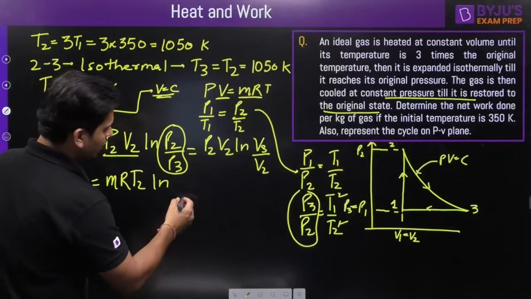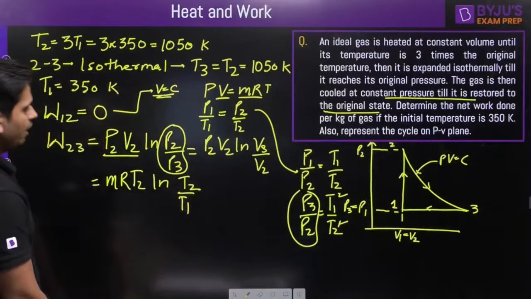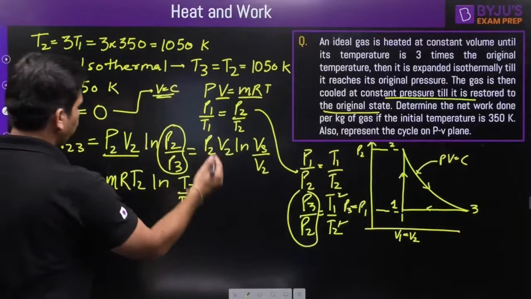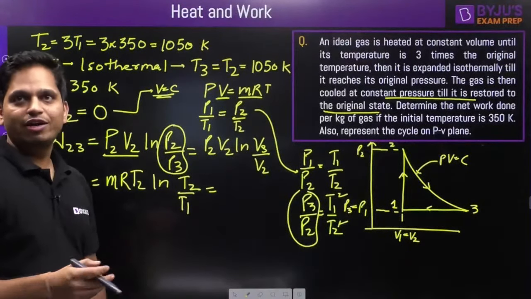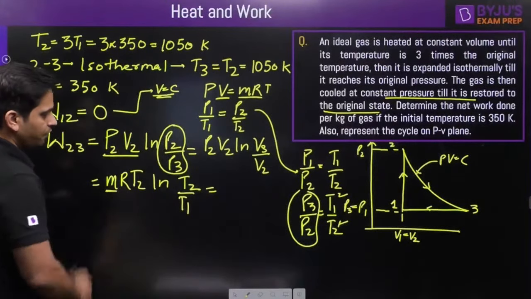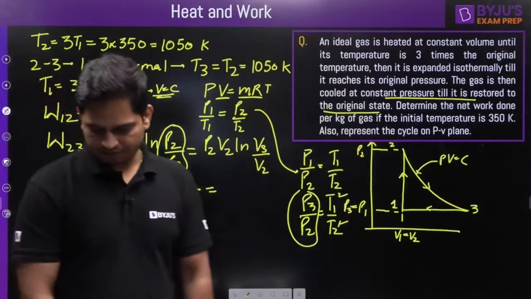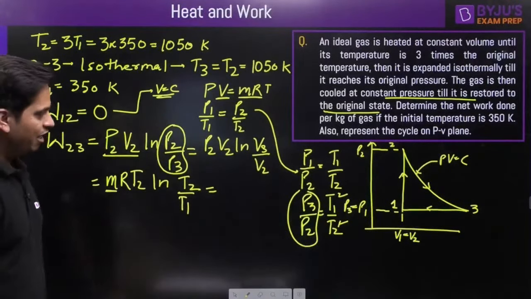P2 by P3 is T2 by T1. And you can put T1 and T2, you can find out. Mass you can take 1 kg, okay? So what do you get by this?